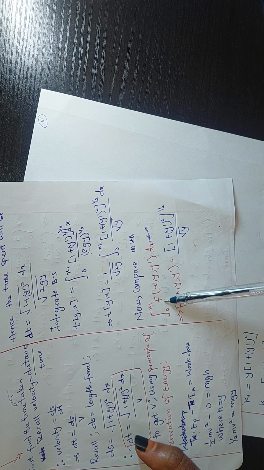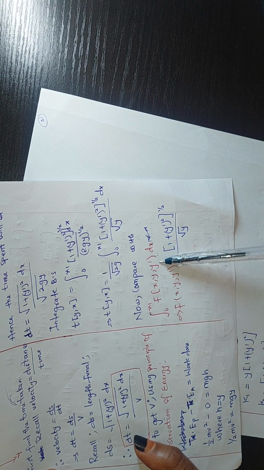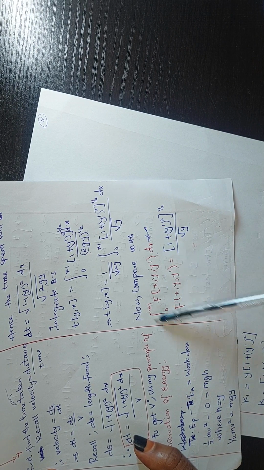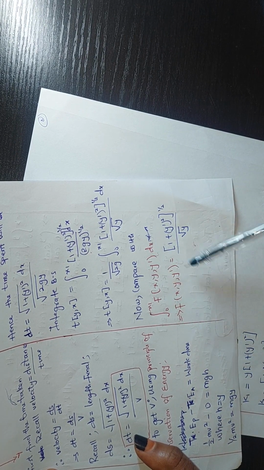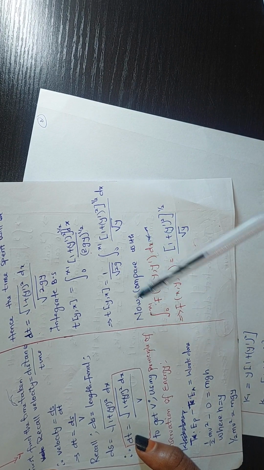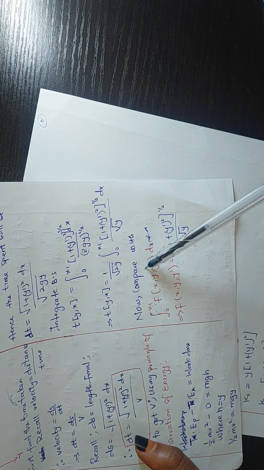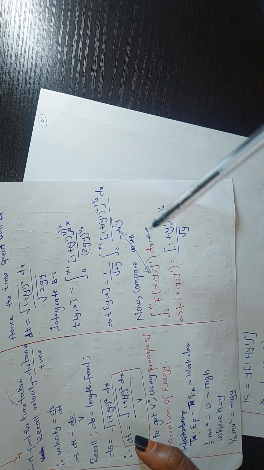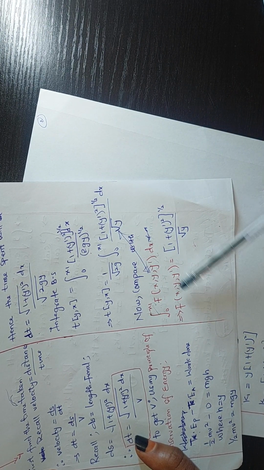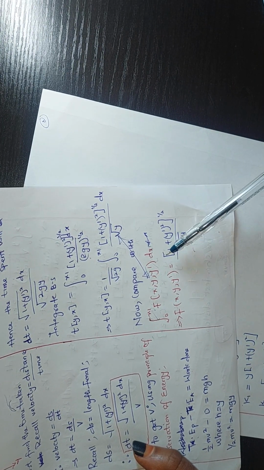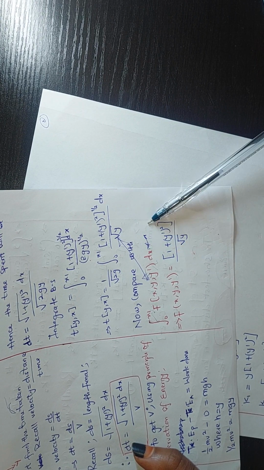If I have this functional, this is called a functional. If I compare, this is equal to this. So my f of x, y prime equals 1 plus y prime squared, all raised to power half.